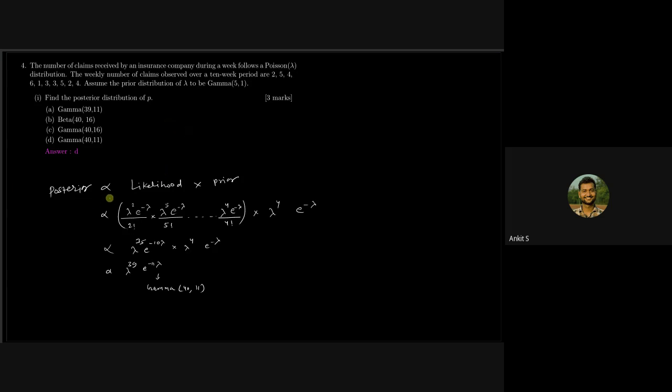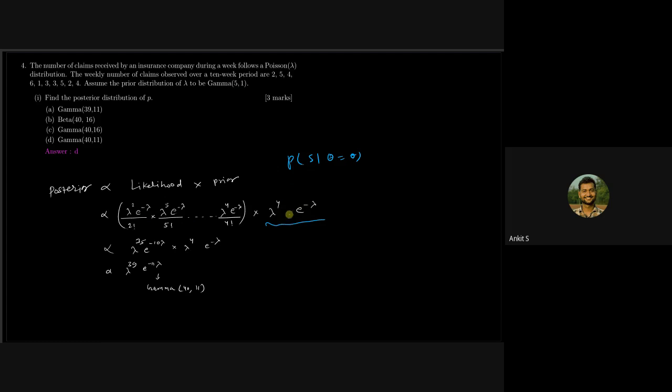So the posterior is simply likelihood times prior. The likelihood is simply the probability of observing the sample given capital theta is equal to small theta. Since the sample follows a Poisson distribution with parameter lambda, you multiply all of them and you get the likelihood of the sample, times the prior. The prior is simply a gamma distribution with alpha equals 5, beta equals 1.